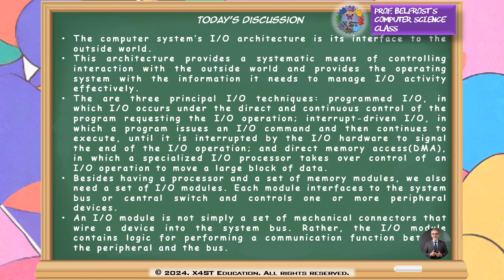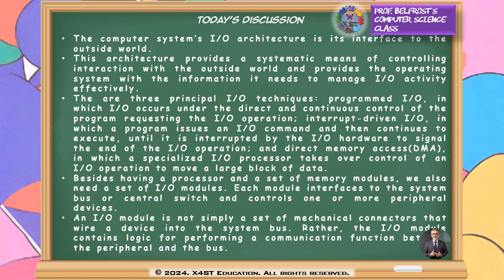The computer system I/O architecture is its interface to the outside world. This architecture provides a systematic means of controlling interaction with the outside world and provides the operating system with the information it needs to manage I/O activity effectively. There are three principal I/O techniques.